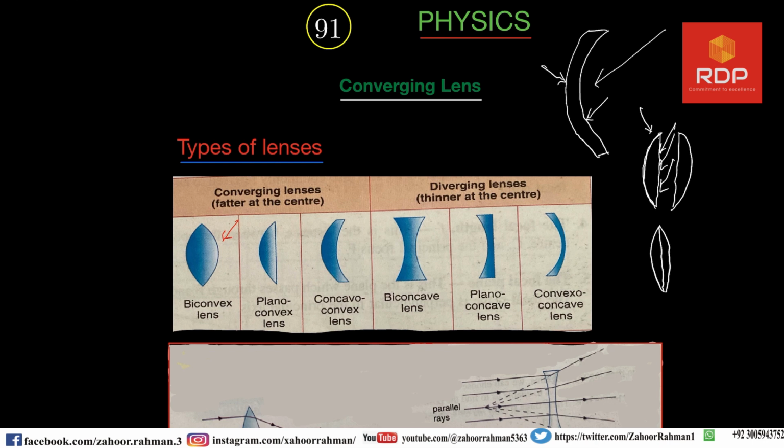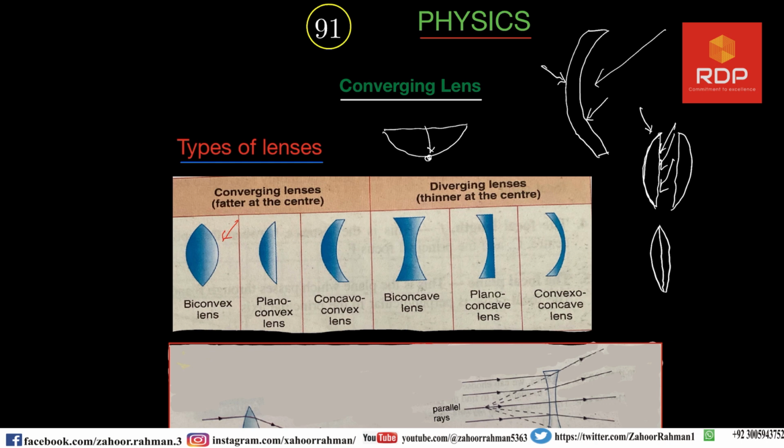These are the three types of converging lens, and their center is fatter. For example, if you draw it like this, you can see their center is fatter. So whenever their center is fatter, you must understand that this type of lens is called a convex lens.